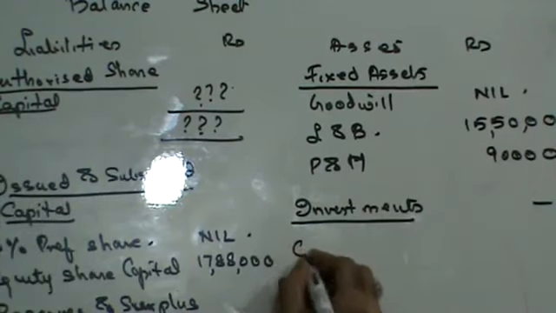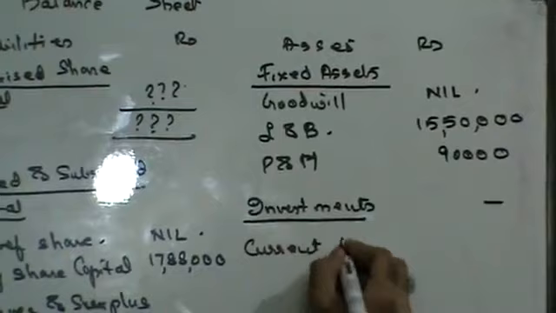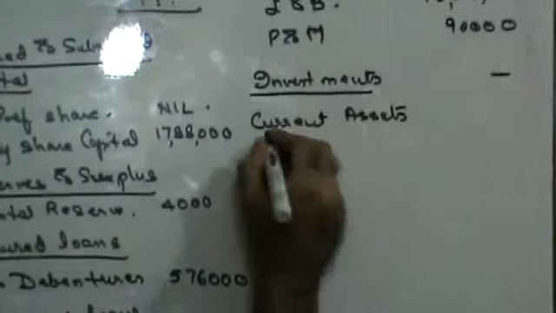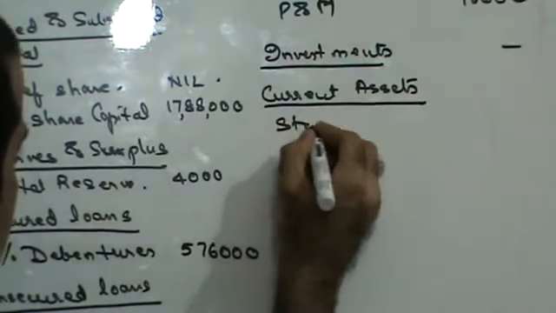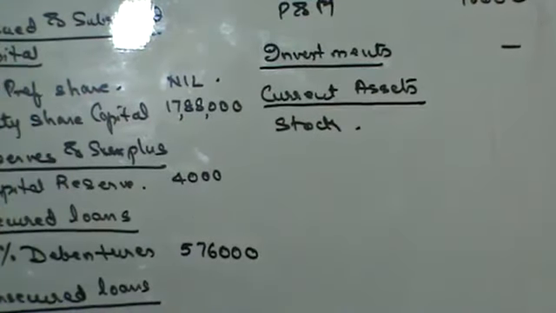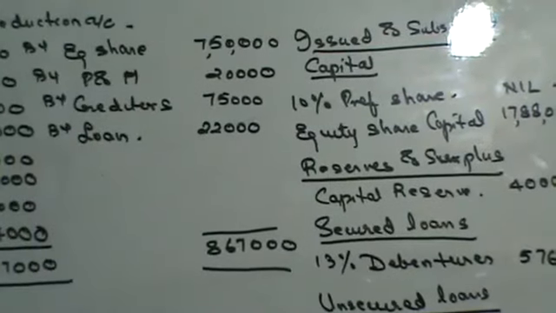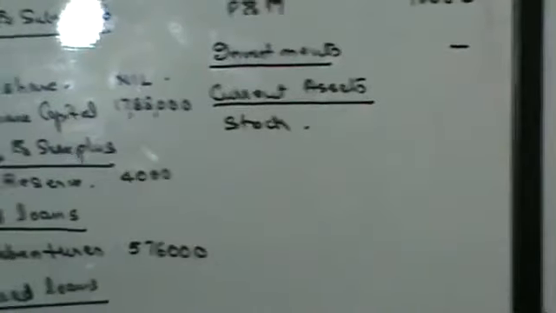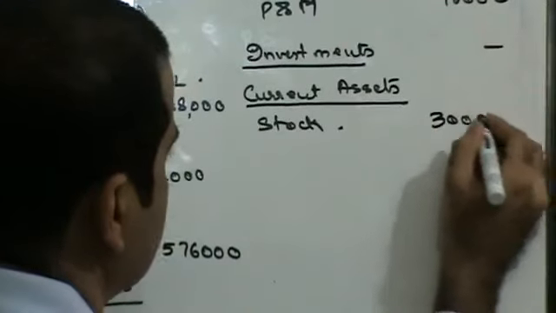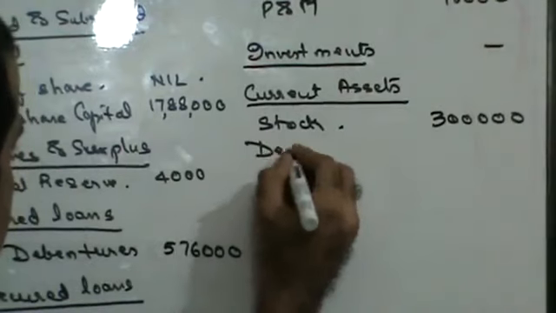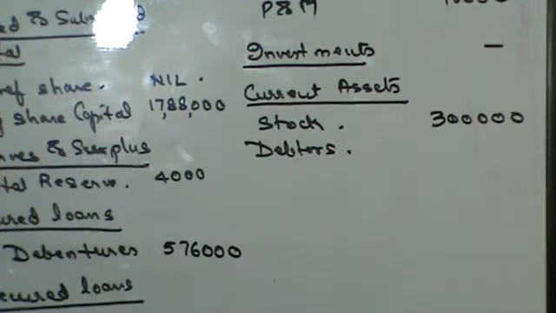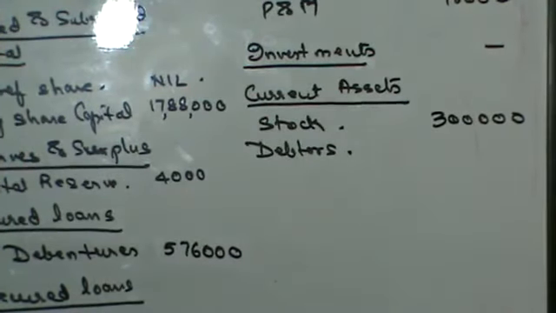Then you have current assets. Under current assets, you have stock which is 4 lakhs as per the balance sheet and you have 1 lakh written off, so that will be 3 lakhs. Then you have debtors. Debtors is 2,88,000 and we don't have an entry of debtors here.